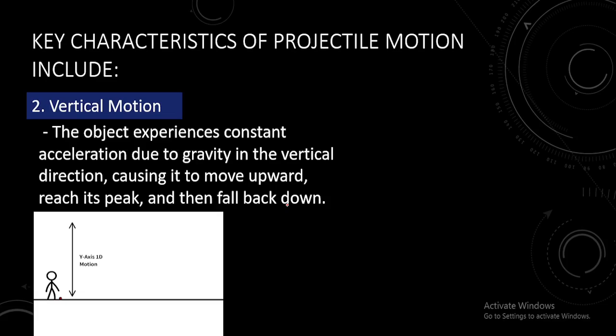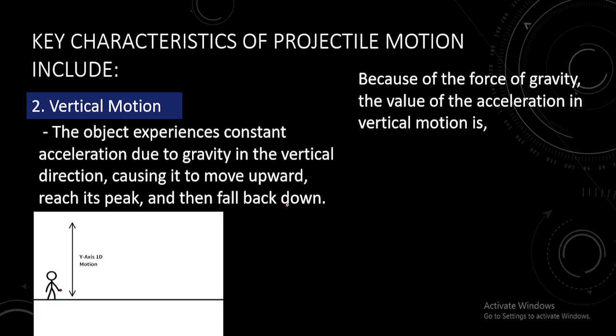Meaning to say, at its peak, it has to stop. Because of the interaction of the y component and the acceleration due to gravity along the y-axis, when it stops, there's no other force aside from the gravitational force that acts on it. It falls back towards the center of the earth.